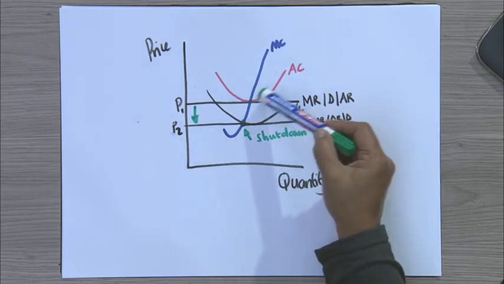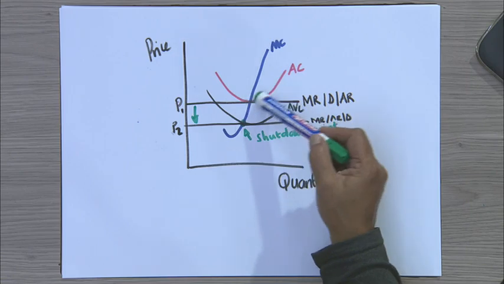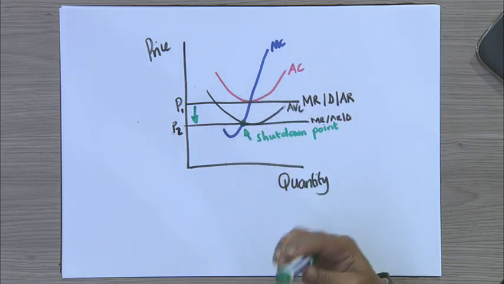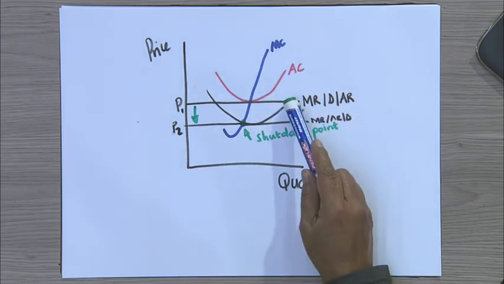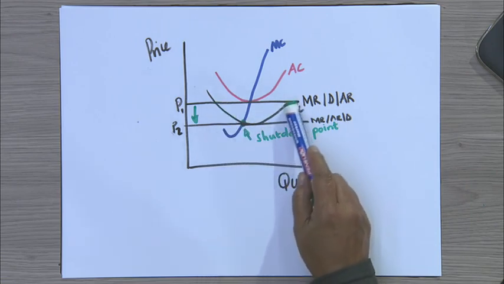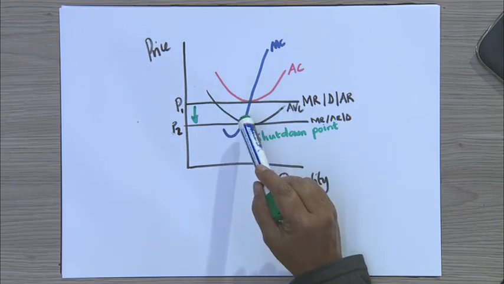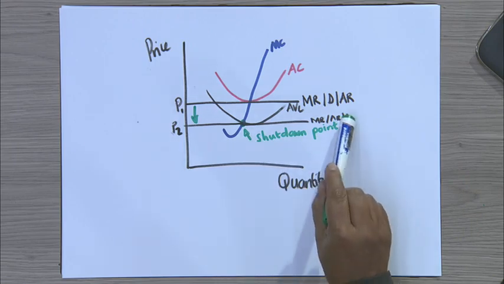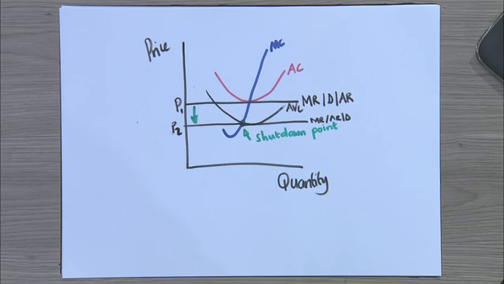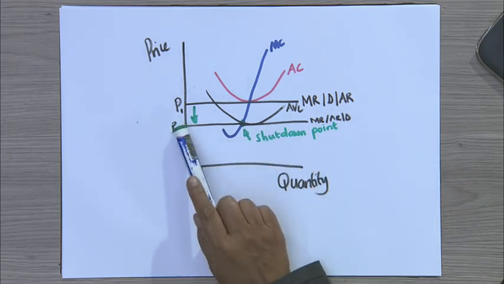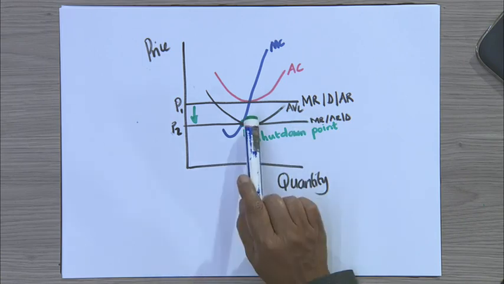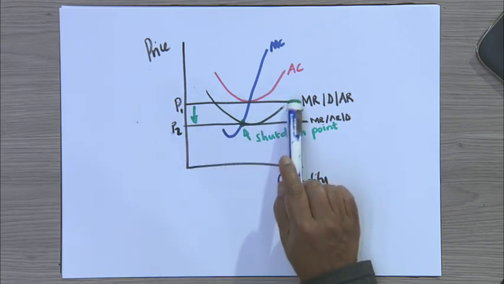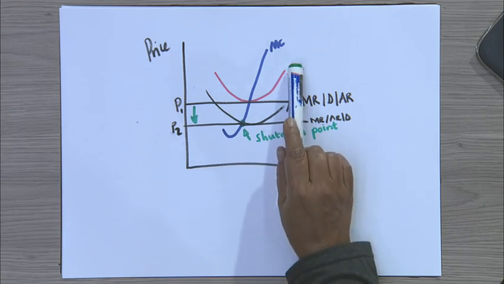So a business cannot run at a loss indefinitely. Therefore we have to make a decision. Where your average variable cost curve meets your MC curve, that is known as your shutdown point. This is now where we need to make those decisions. So now we say, at price level P2, the business is only able to cover its average variable costs. But what did we say in the beginning?